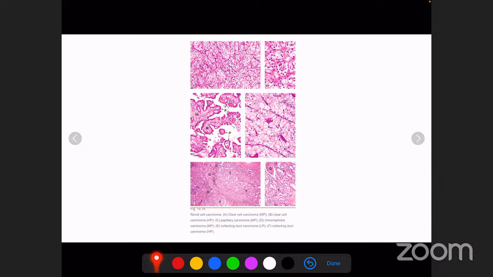And now, as I told you, this morphology classification is long. The earlier things were simpler when we used to simply call it clear cell versus non-clear cell. Then they told us better classified as papillary, chromophobe, or this collecting duct carcinoma. Now there are several molecular subtypes, not just morphologic, of renal cell carcinoma.